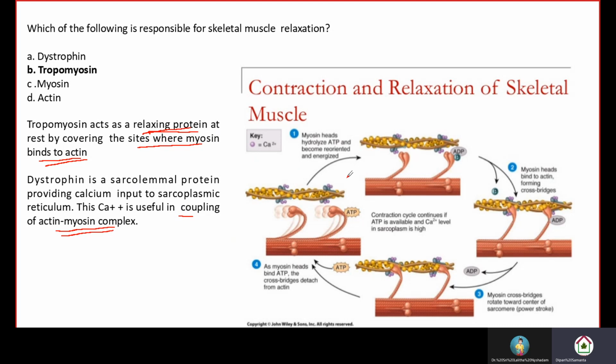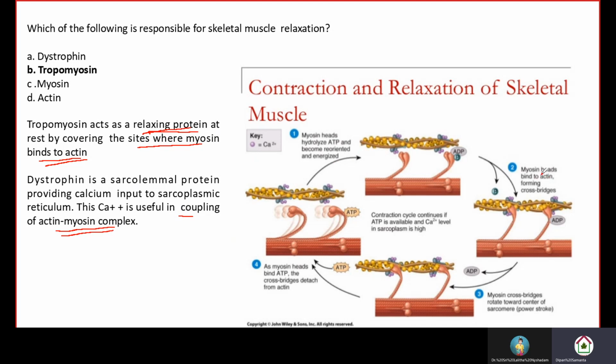Okay, so what happens in contraction and relaxation of skeletal muscle? First of all, we'll revise a little bit. Myosin heads hydrolyze ATP and become reoriented and energized.